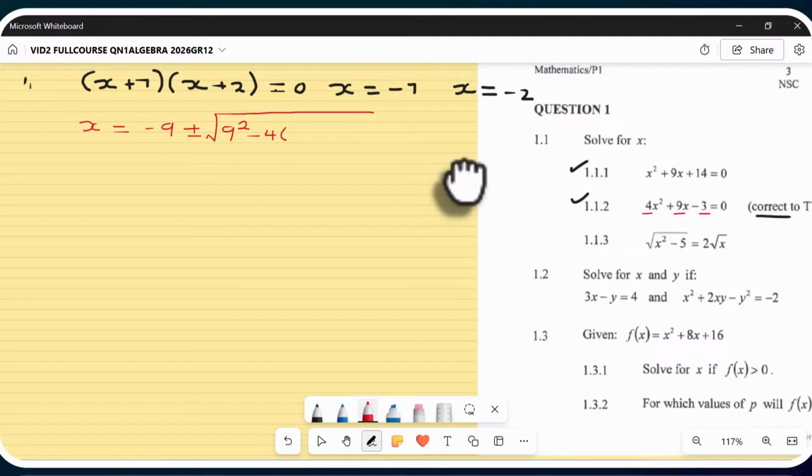But our a is 4. So in here, what are our x values going to be? Press your calculator now. Negative 9 plus the square root of 9 squared minus 4 times 4 times negative 3, divided by 2 times 4. So 0.29 is my first x value.